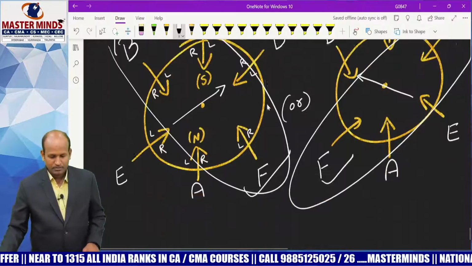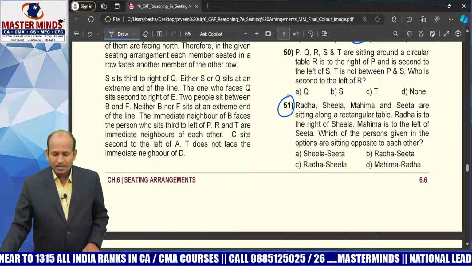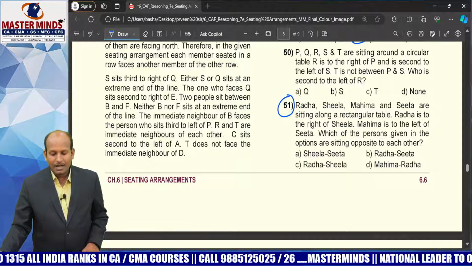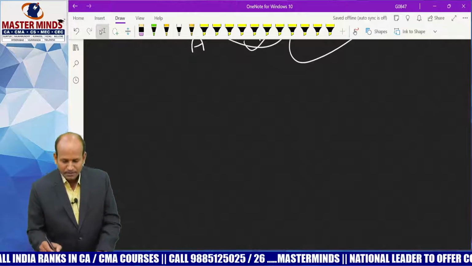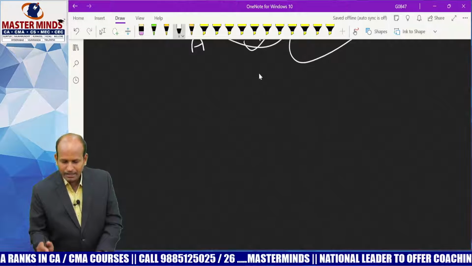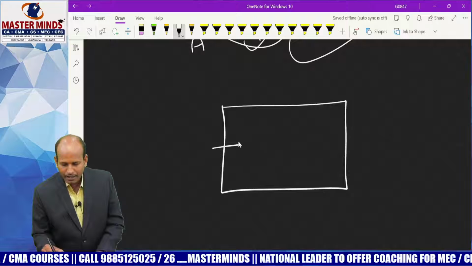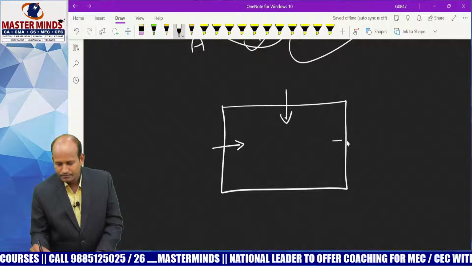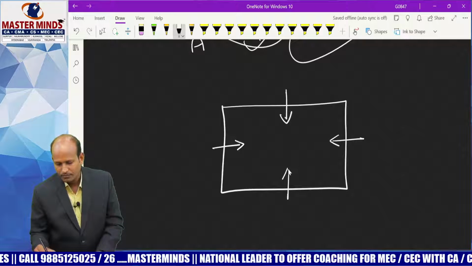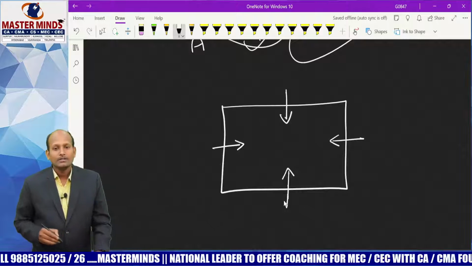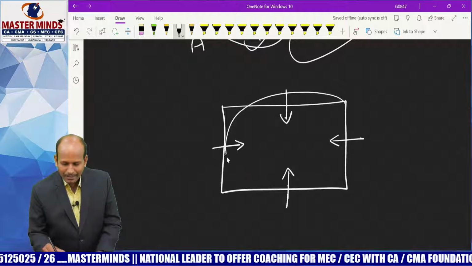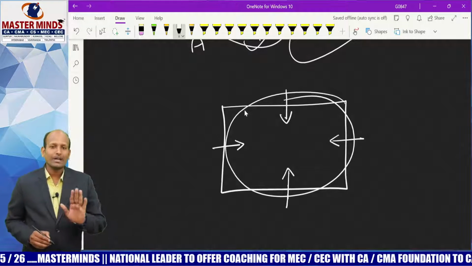Question 51. Radha, Sheila, Mahima and Sita are sitting along a rectangular table. So there is a rectangular table. Instead of drawing a rectangular table, you can even draw a circle also. That is also a correct thing.